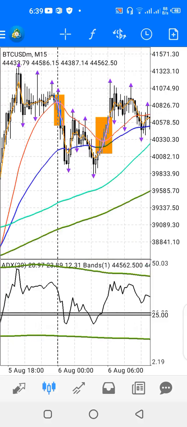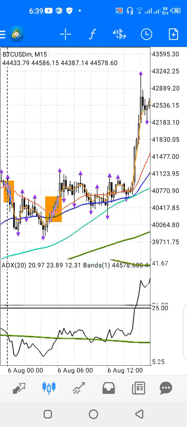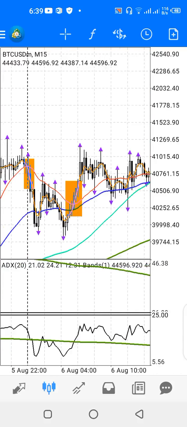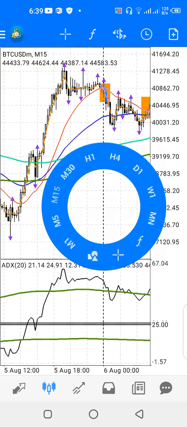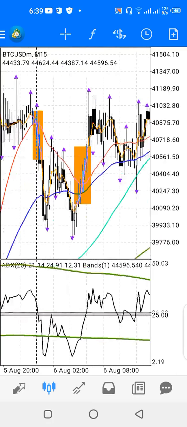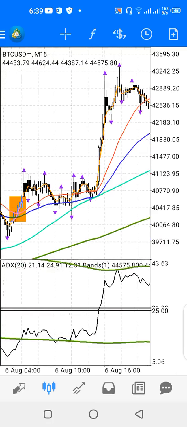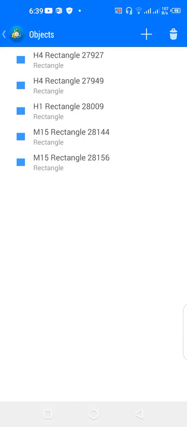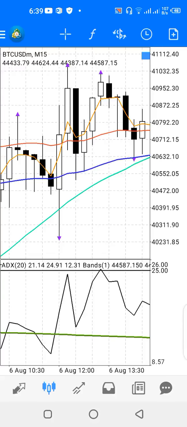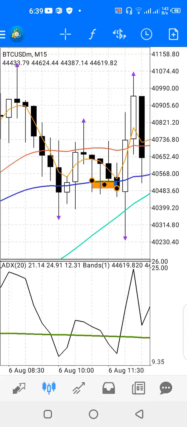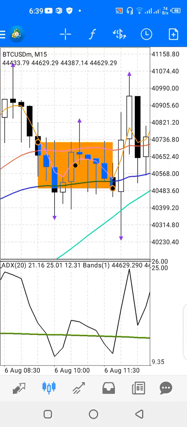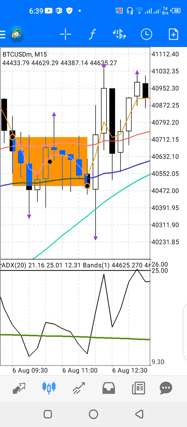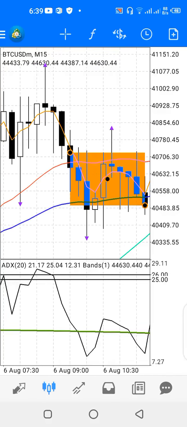Then you also have the price dipped somewhere around here. You can see it going into the red line.